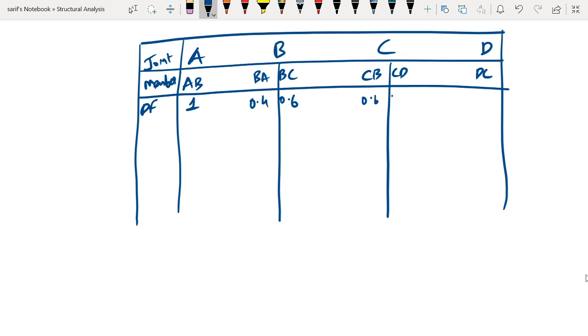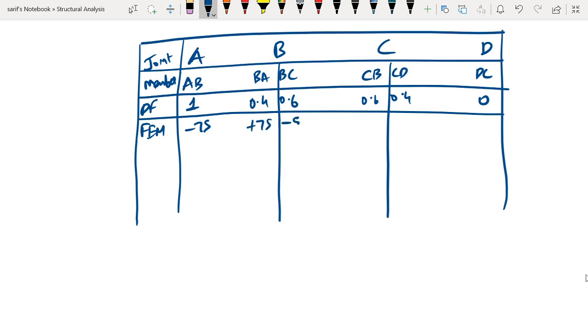Here again it is 0.6 and it is 0.4 here, and the value of distribution factor for the fixed end is 0. Now having calculated these values, the next row we have to add is the row for fixed end moment. So AB was minus 75, this was plus 75, it was minus 50 here, this is plus 50, this is minus 75, and this is plus 75.